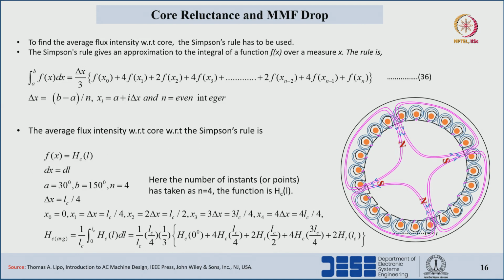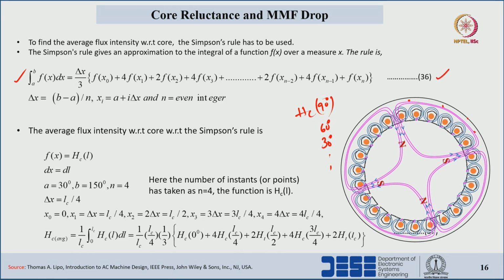After knowing the flux intensities at the various points, Hc at 90 degrees, 60 degrees, 30 degrees and so on, we have to calculate the average flux intensity. Again we will find the average flux intensity by utilizing the Simpson rule, that is equation number 36.